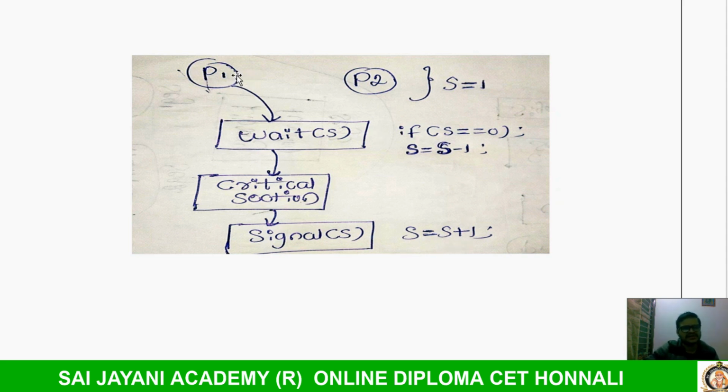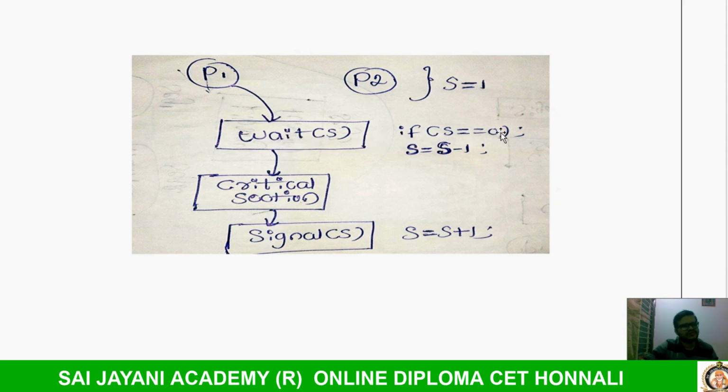In this example, we are taking processes P1 and P2, and the semaphore is initialized to the value 1. Here we are considering that process P1 is entering into the wait operation. The wait operation checks the semaphore value.